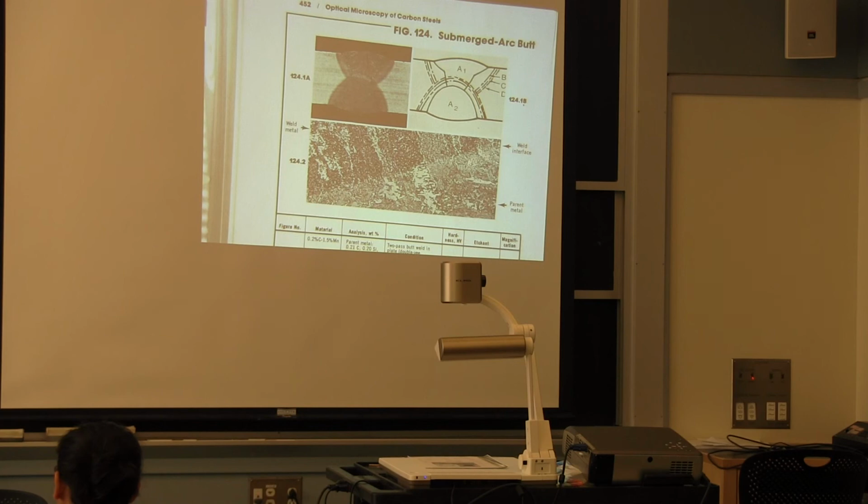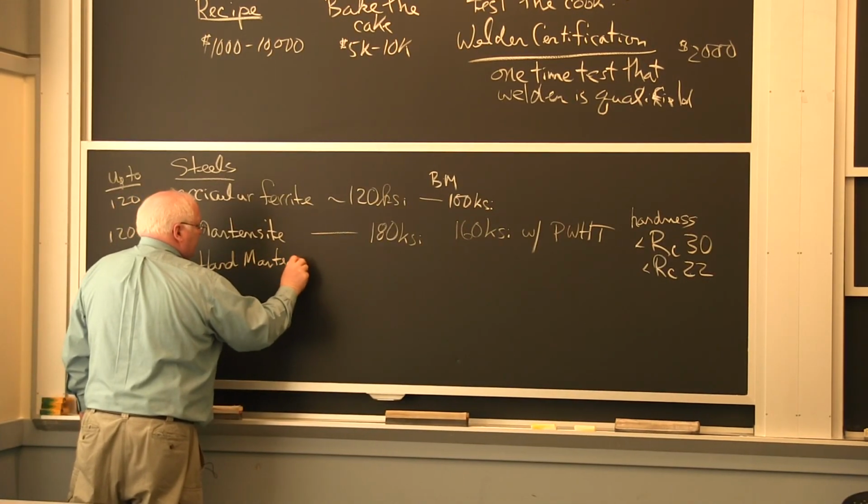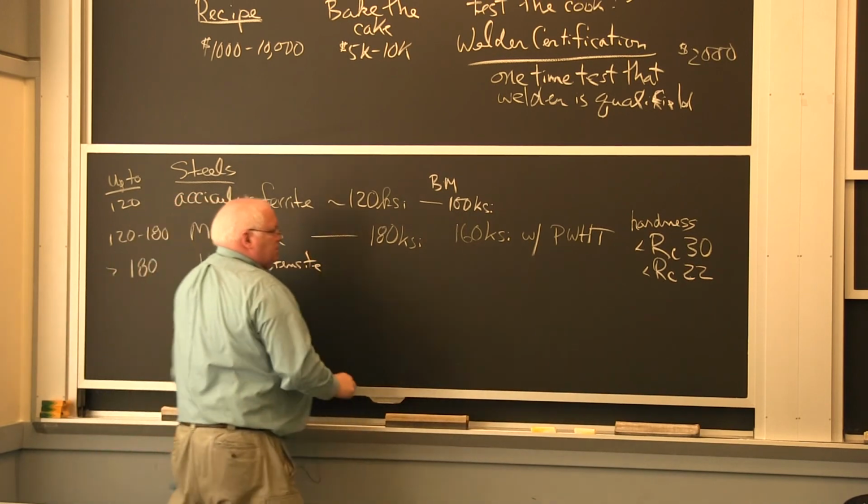If you go above 180 KSI, so this is up to 120, this is like 120 to 180. If you're greater than 180, it's hard martensite. And now we're talking preheats.